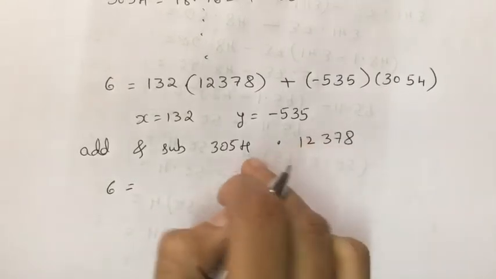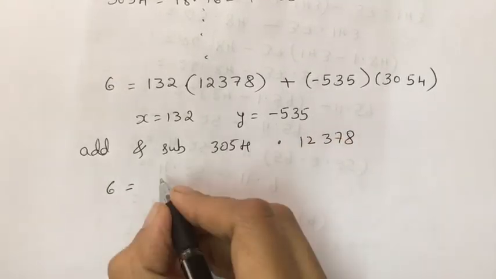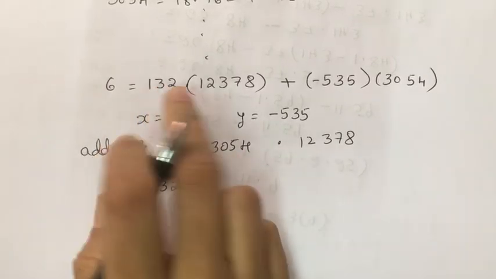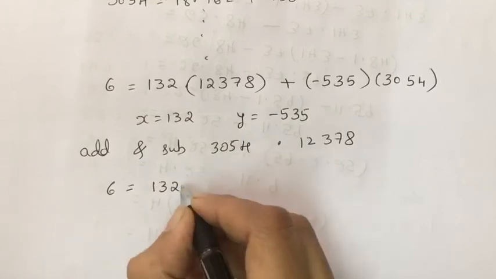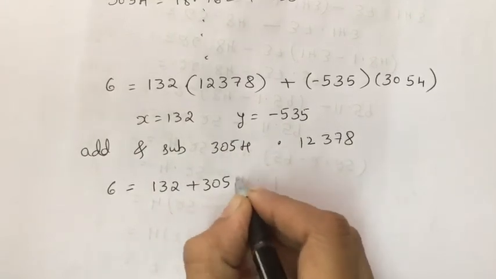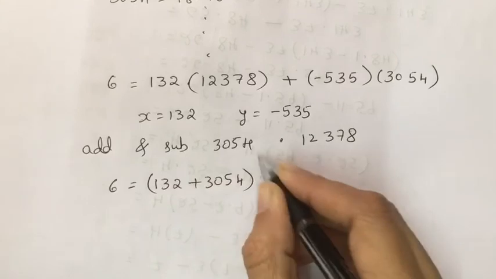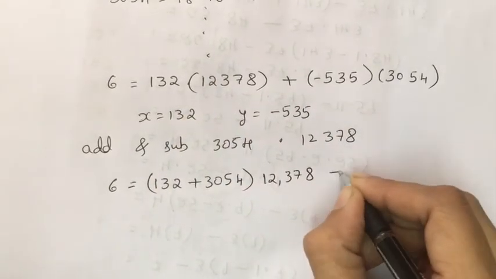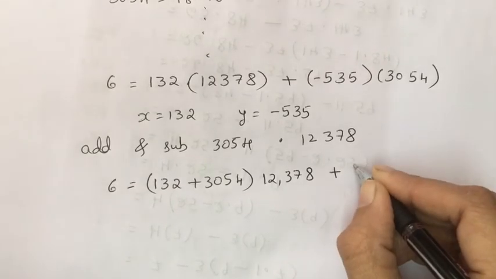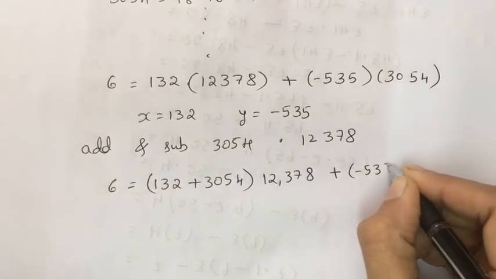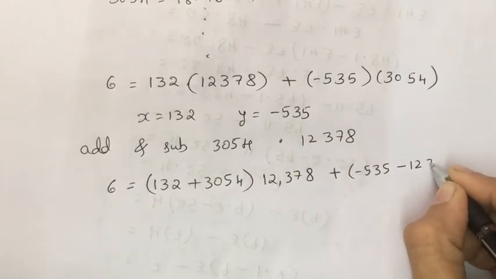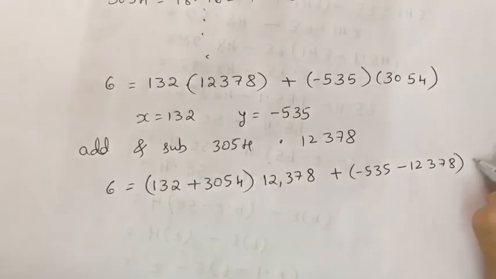Adding and subtracting: 132 plus 3054 into this number 12,378, plus for this minus 535, and you have to subtract this 12,378 into 3054.